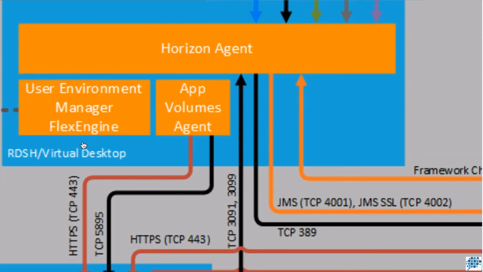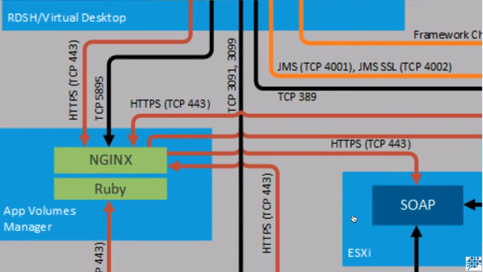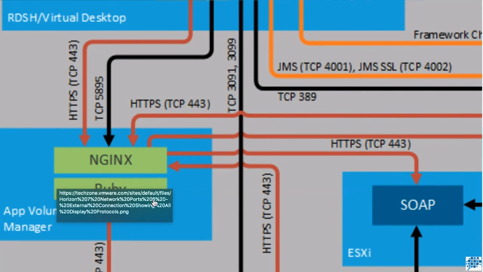But that's not all that's happening. You see that we have the User Environment Manager agent and the App Volumes agent, and all those agents also start their connections. The User Environment Manager agent builds up the connection to the file shares and loads all the persistence data for the desktop, and the App Volumes agent is going to talk to the App Volumes Manager, right?